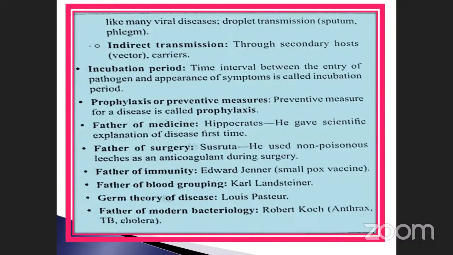That's why AB is considered a universal recipient and the O group is considered a universal donor, particularly O positive. At the same time, they may ask the question: which one is the universal donor? A, AB, O negative, O positive.